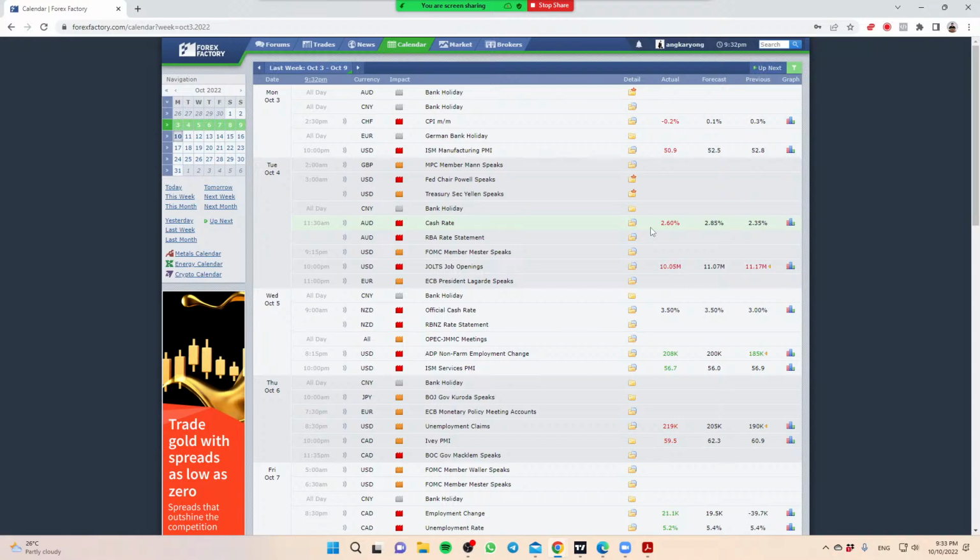If you take a look at what's happening right now, the Aussie has still been pressured to the downside. Later we'll dive into the chart, and then you'll have a better understanding of what we can expect for the Aussie. But last week we managed to short sell the Aussie dollar, and just this morning we managed to get out of that trade at take profit.